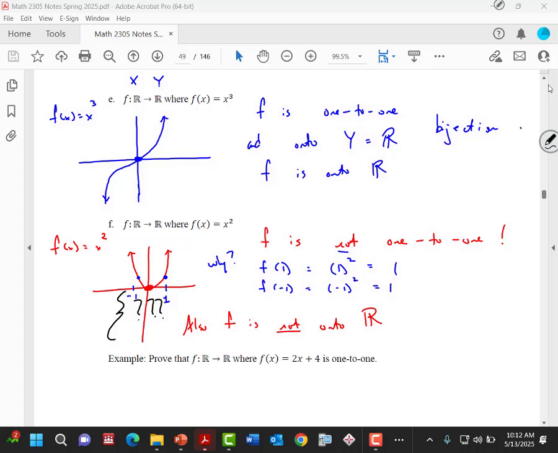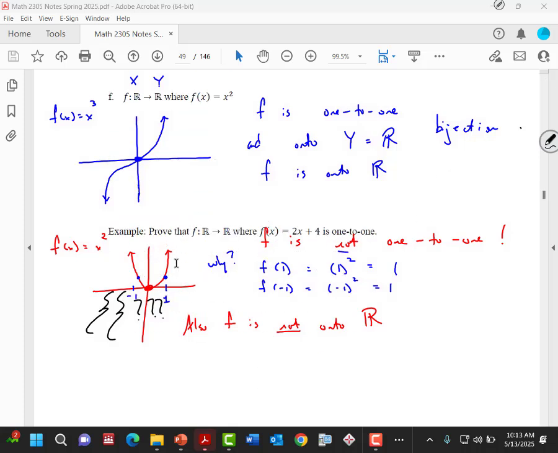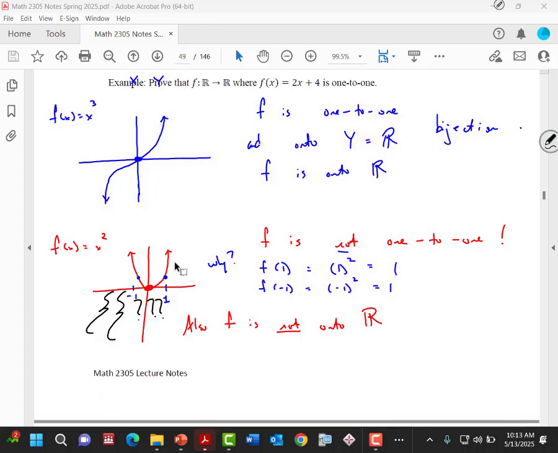When I square a number, it's never negative. So this function is not onto R because there's no way to get a negative number for an output. Okay, let's slide down and take a look at this next example.